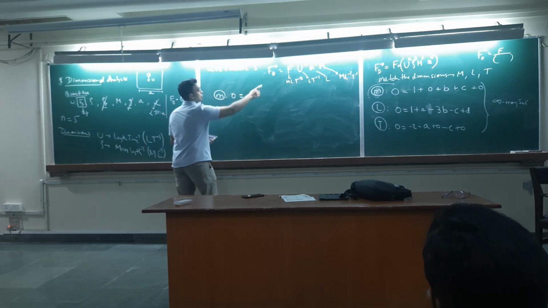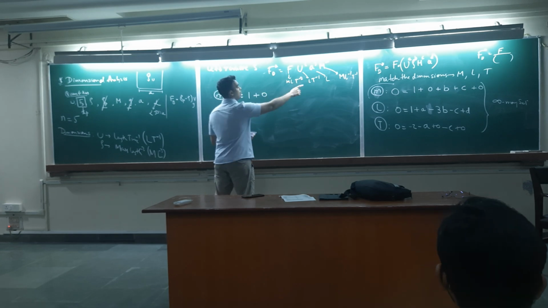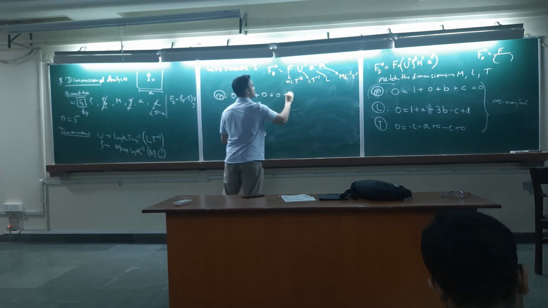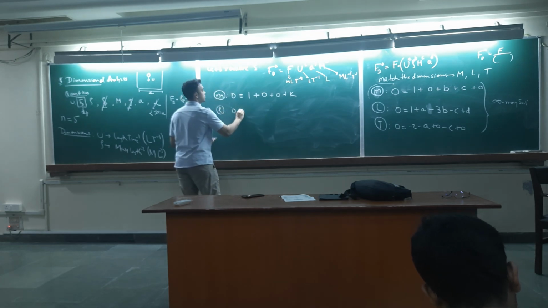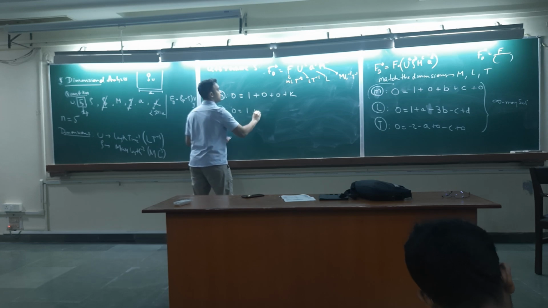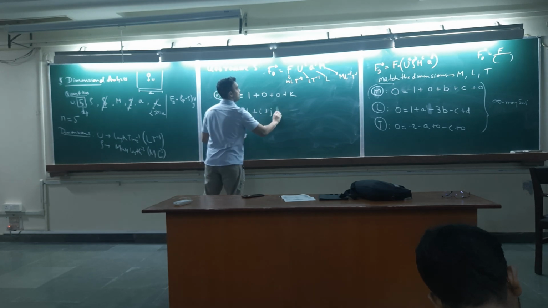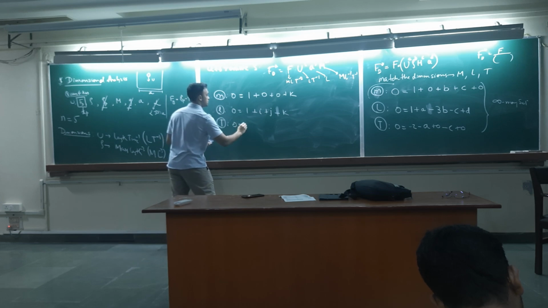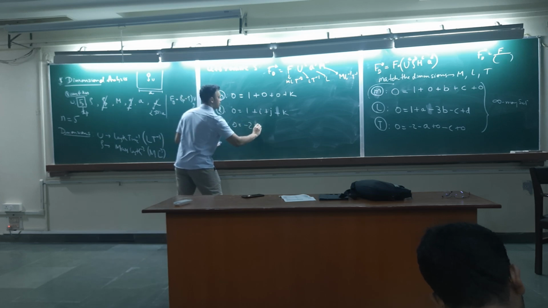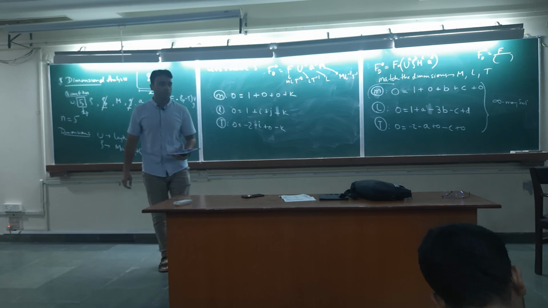For M: 0 equals 1 plus 0 plus 0 plus K. Length: 0 is equal to 1 plus I plus J minus K, and time: 0 equals minus 2 minus I plus 0 minus K. 3 equations, 3 unknowns.